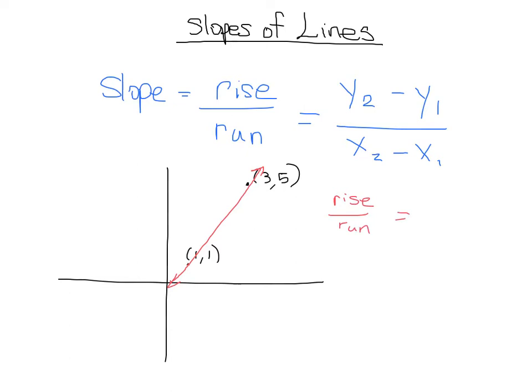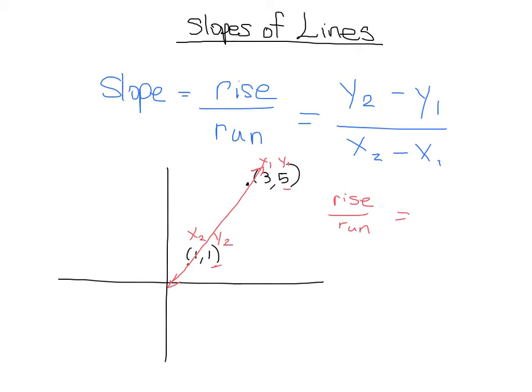And it's easier to see how much it's rising if we look at the y coordinates, as we just said earlier. So I'm going to call this x1, y1, because that's my first point. It actually doesn't matter if that is my first point or this is my first point, but I chose to make the top one my first point. All right, so the rise, how much it's rising from here up to here, is 5 minus 1.